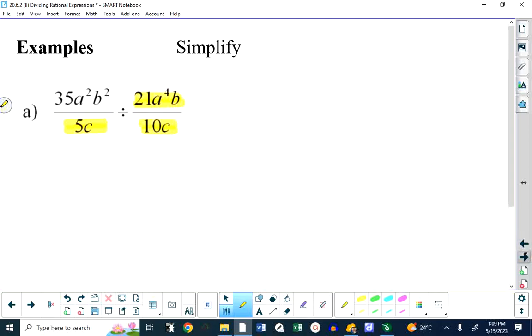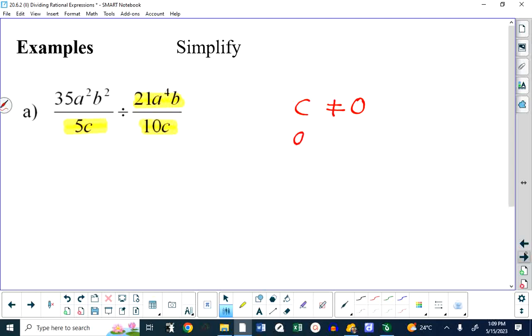So, let's put everything I've taught you in the last 5-6 minutes or so into practice. Simplify. Well, what do we do first? I guess let's do our non-permissible values. C is not allowed to be 0 because each of those fractions has c in the denominator as a factor.